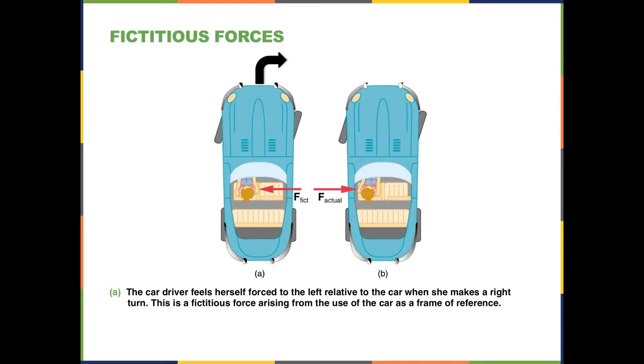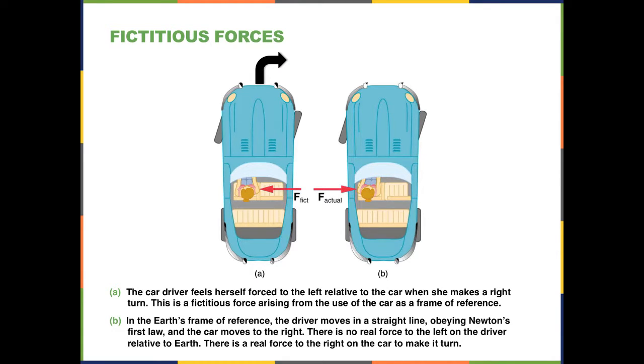This force that she feels is relative to the car. It's a fictitious force because the force she feels is only because the frame of reference is the car. The true force is actually in diagram B. In the Earth's frame of reference, the actual force that occurs is the centripetal force, the force that causes the car to make the turn.